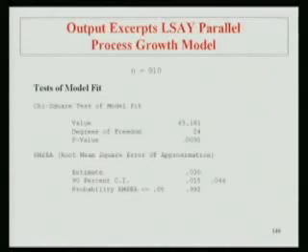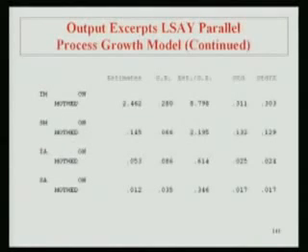So we have, as usual, our tested model fit. But what's of most interest in these results is the effect of the covariates. So we can see that mother's education is significant for the math intercept and also for the math slope.